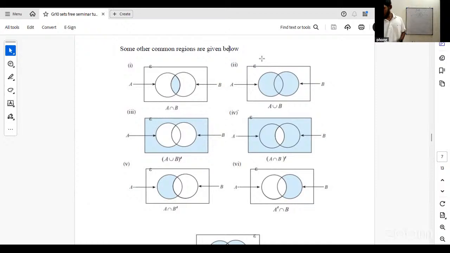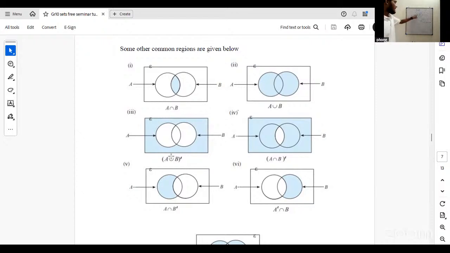Then let's go for the third one: A union B dash. What does dash mean? Dash means the complement, that means it's not from A union B. First of all, what is A union B?